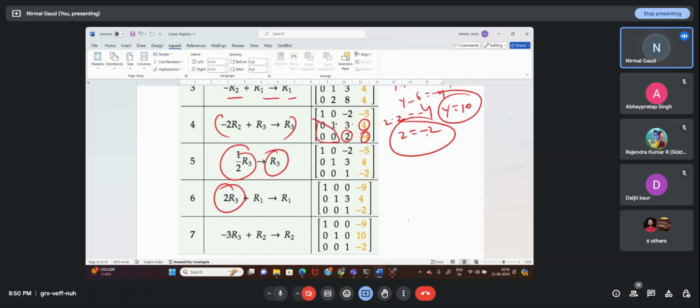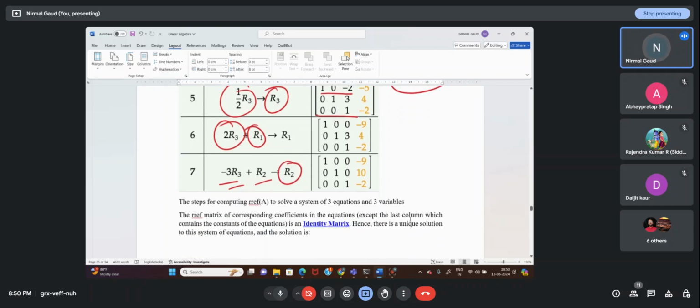Then 2 into row 3 plus row 1: multiply row 3 by 2 and add it to row 1, so this term will become 0. Now I'm only left with this 3. What I can do is minus row 3 plus row 2 equal to row 2. So this will also become 0. That's it, done.